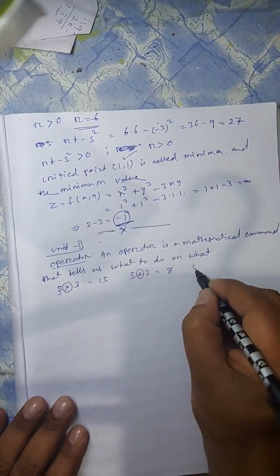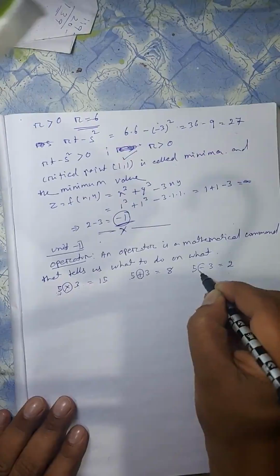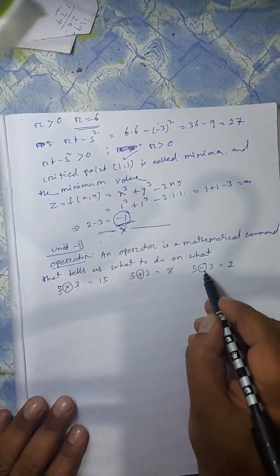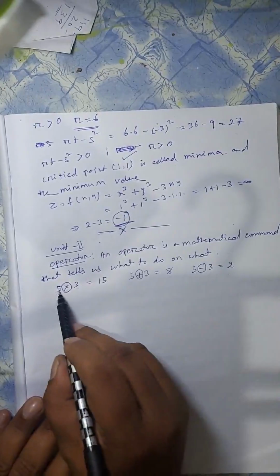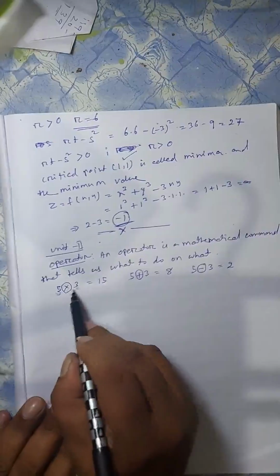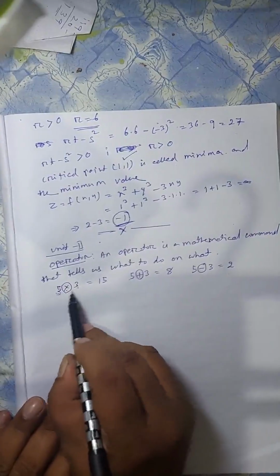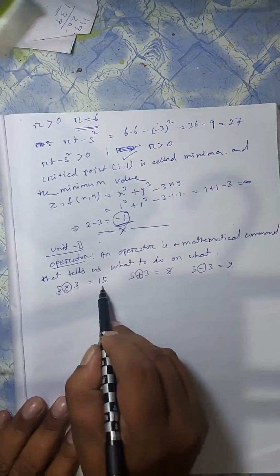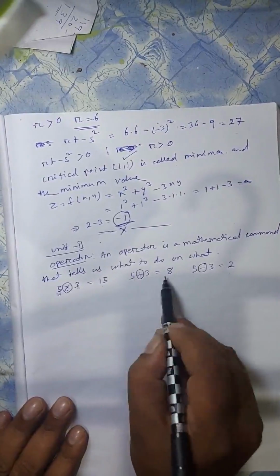Similarly, if you take 5 minus 3, the answer is 2. This operator operates in between 5 and 3. Both are the same numbers, but the operator is different. If you multiply these two numbers, we get 15. If we add these same two numbers, we get 8.